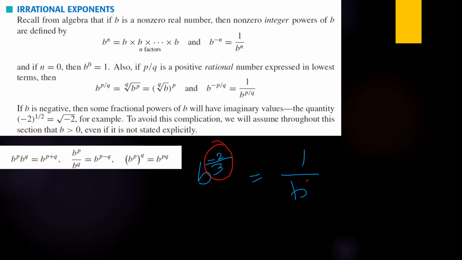It is positive 2/3. Then after that, 1 over b to the power 2/3, I can convert it to a radical. So it will be the square root of b cubed. So b to the power -2/3 can be written as 1 over the square root of b cubed. Is it clear?